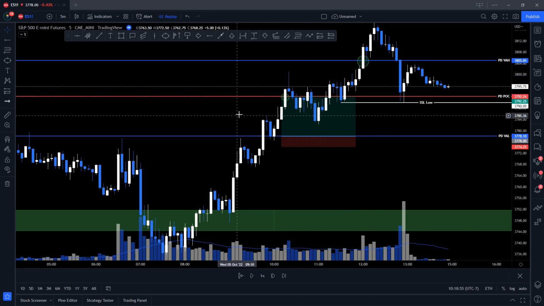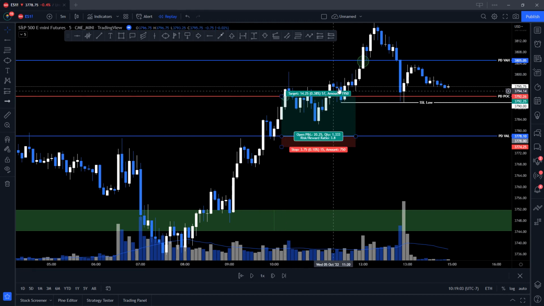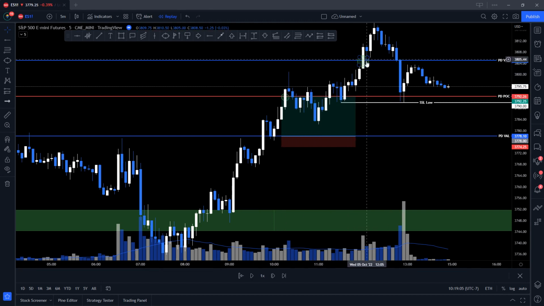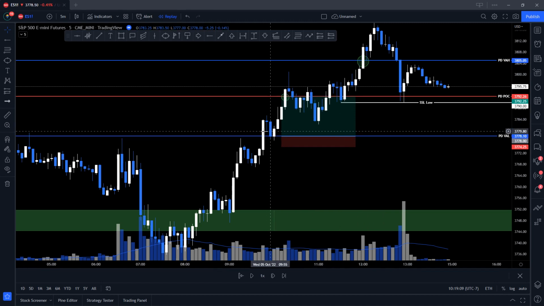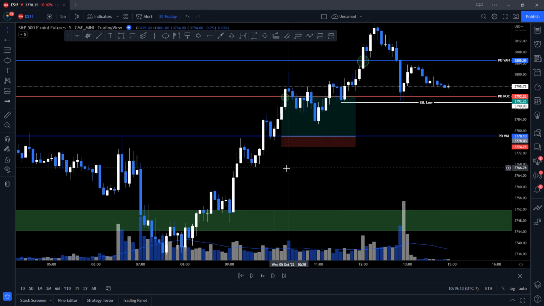Or if you have a larger account, you take 5 or 10 calls on SPY here. And when you get to here, you trim 4 or 8 of them and leave 1 or 2 runners to go to the far side. Like I said, every time this plays out, there's an 80% chance you're going to go from the previous day value area low to the previous day value area high.